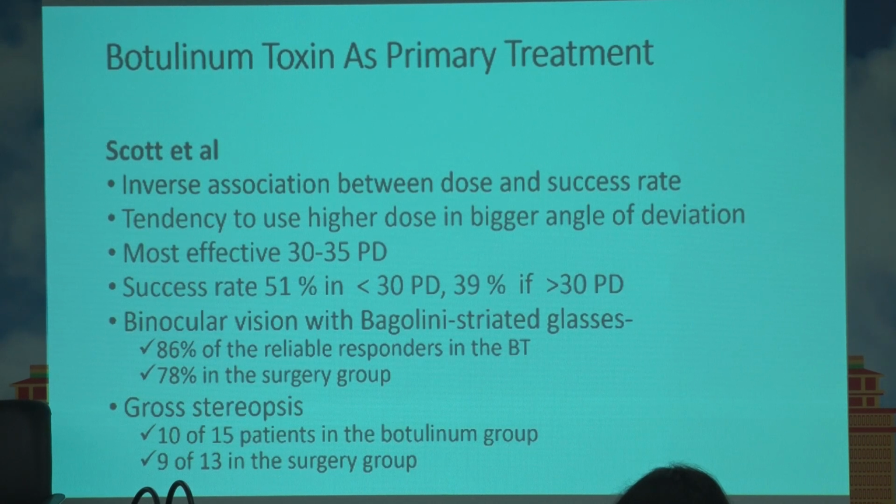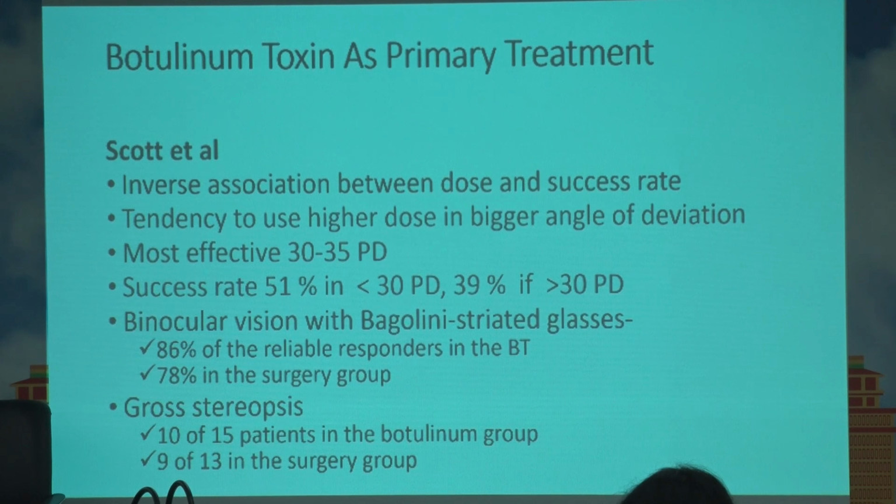Again, there's another study which shows an inverse association between dose and success rate, and it was more effective in cases with a larger deviation, 30 to 35 prism diopters. They showed a success rate of 51% if it was less than 30 prism diopters, and around 40% if it was more than 30 prism diopters.